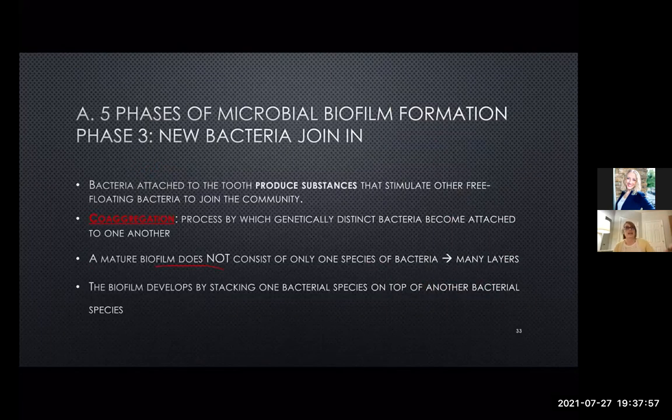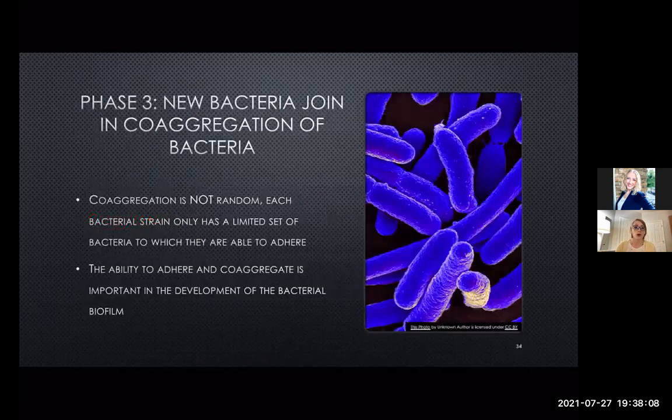So once we get that stacking of bacteria, the different shapes are going to stack on top of each other. Then we've got the matrix making up the biofilm, and now we have a mature colony of bacteria. So co-aggregation is not random. This is a very well put together community of bacteria in the biofilm.